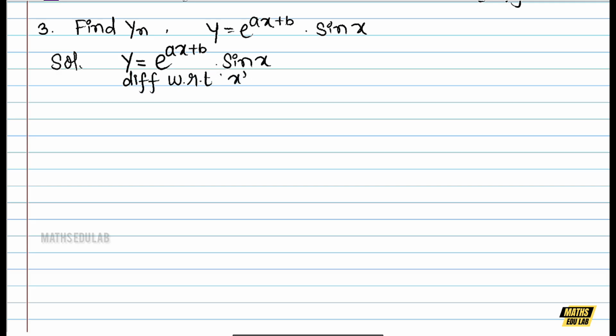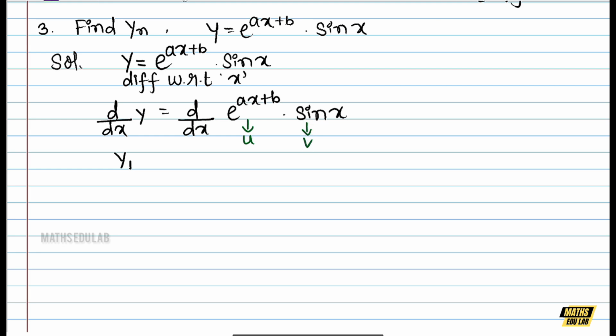On doing the derivative, the derivative of y will become y1, and the derivative of e to the power of ax plus b into sin x. The same one, the product rule we will use. So this will be our u and this is our v.